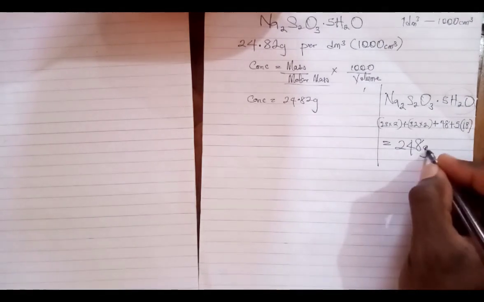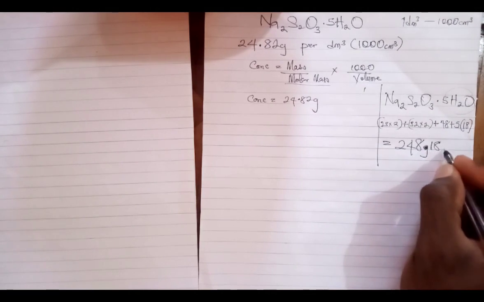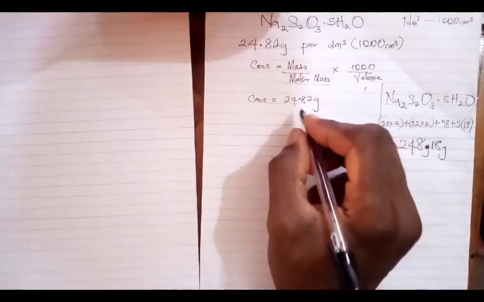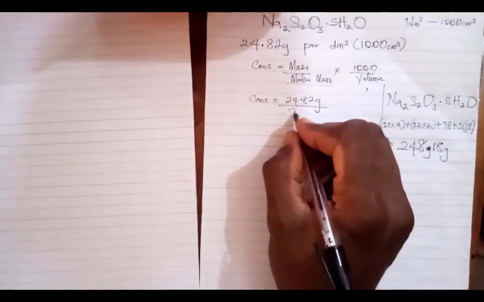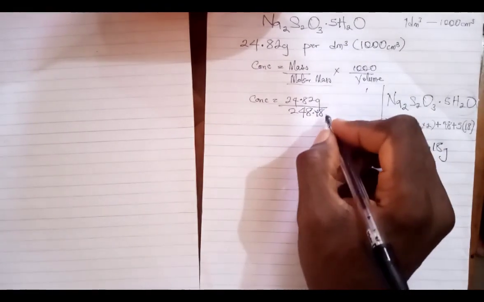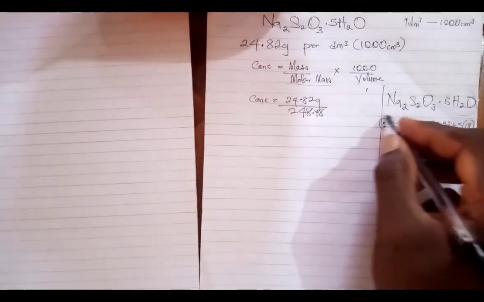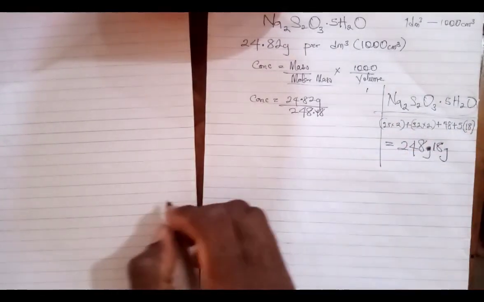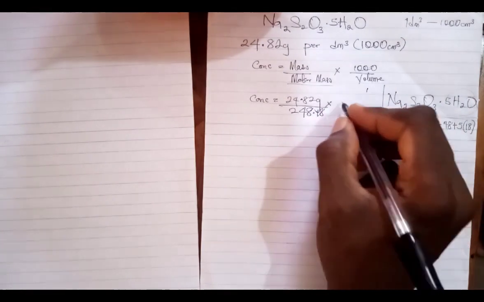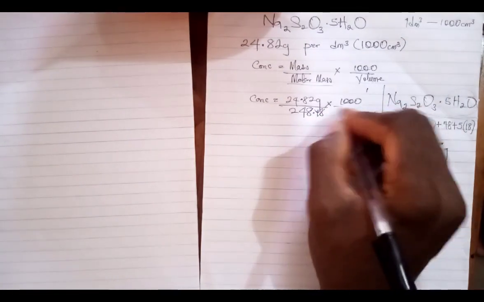So approximately you can just say 248 grams of sodium thiosulfate. That's the molar mass. So here we have 24.82 grams over 248 grams, which is the molar mass, times 1000 over the volume.